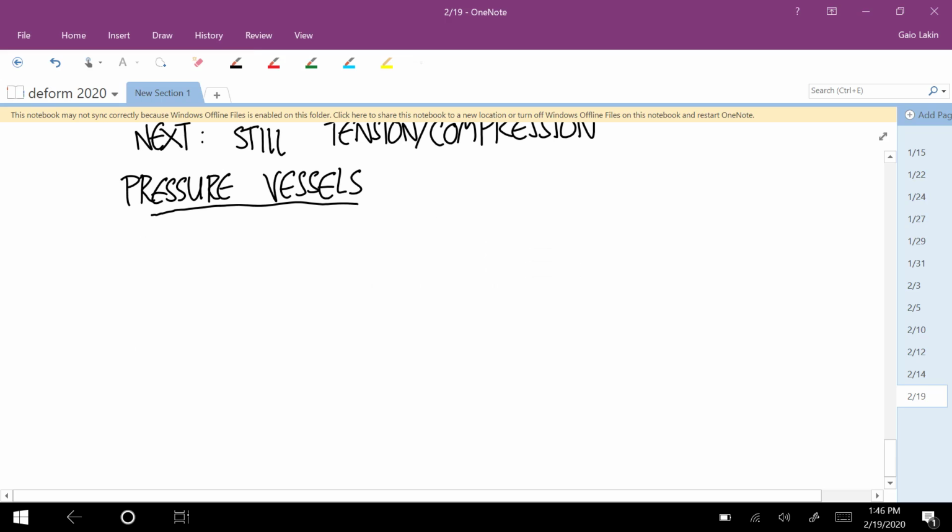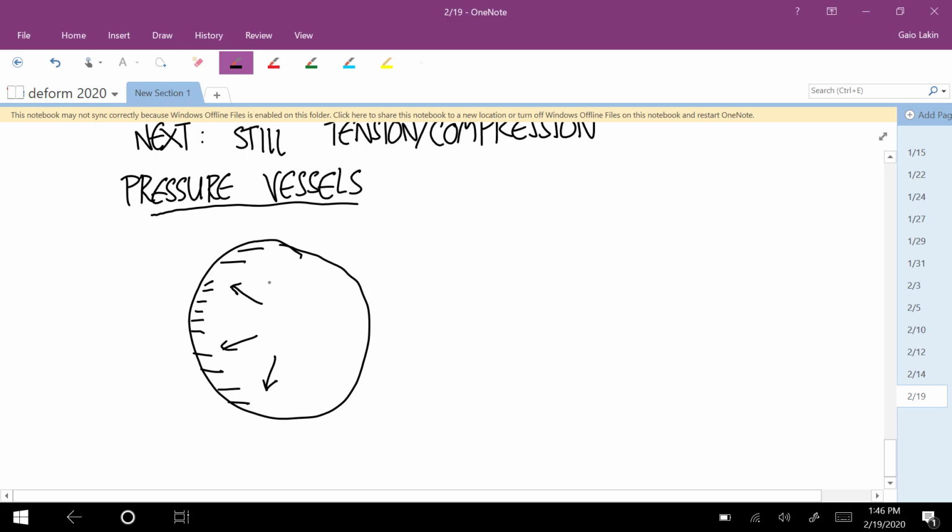So the idea is, say that you have this member, this spherical shaped thing that's hollow, and it has a pressure P in on the inside and a pressure acting on the outside, P out.